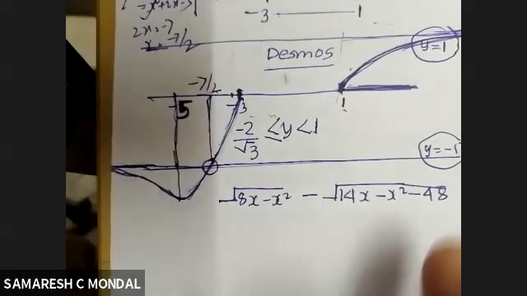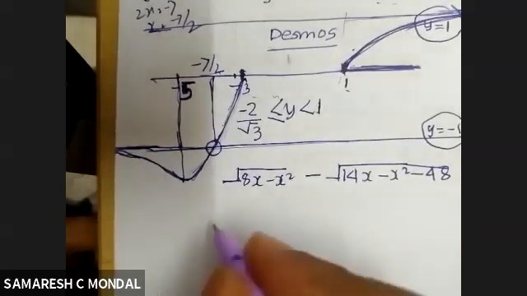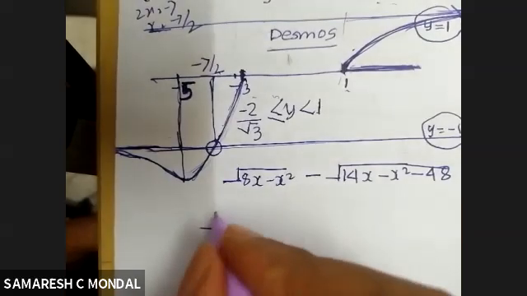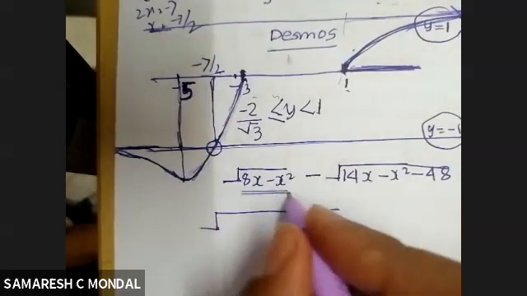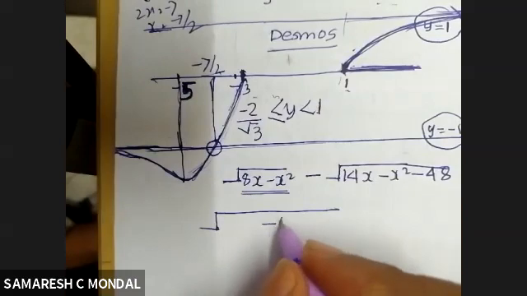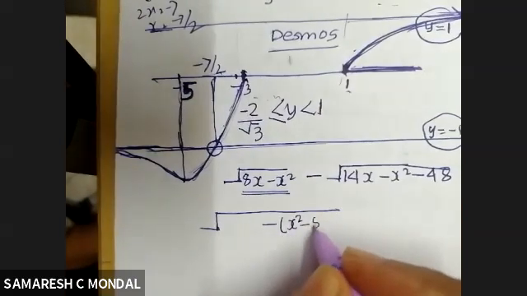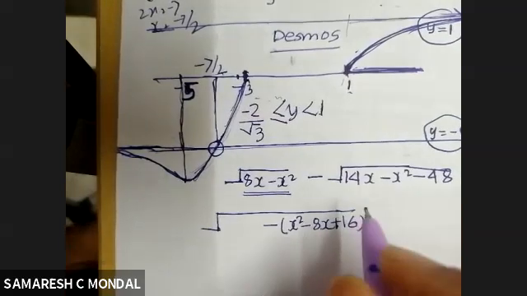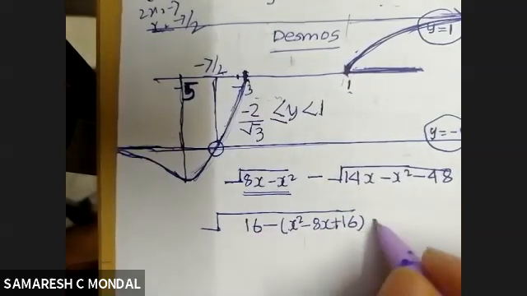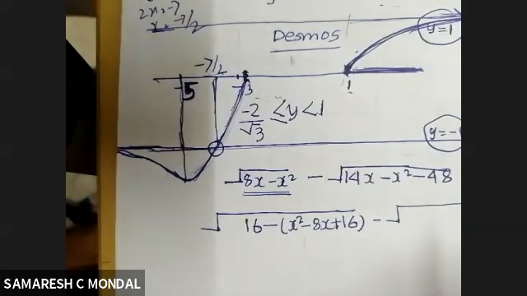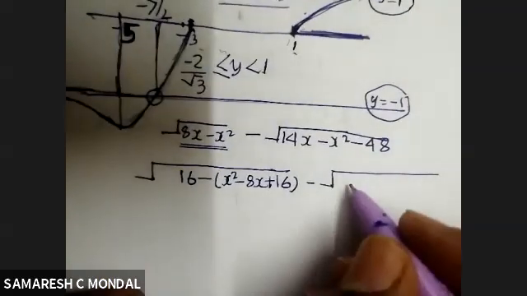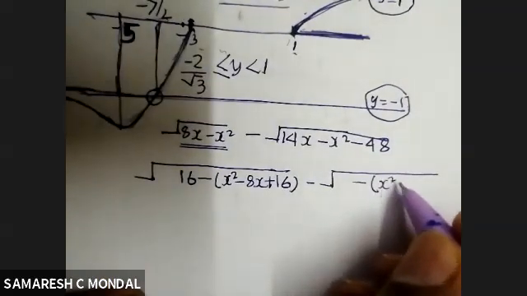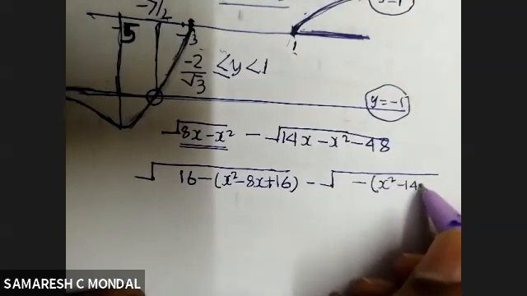So what I'm going to do, you look at it. I want to write this as a square, kind of a distance formula. If I take minus common, it is x square minus 8x plus 16, minus 16. Here if I take minus common, it is x square minus 14x.